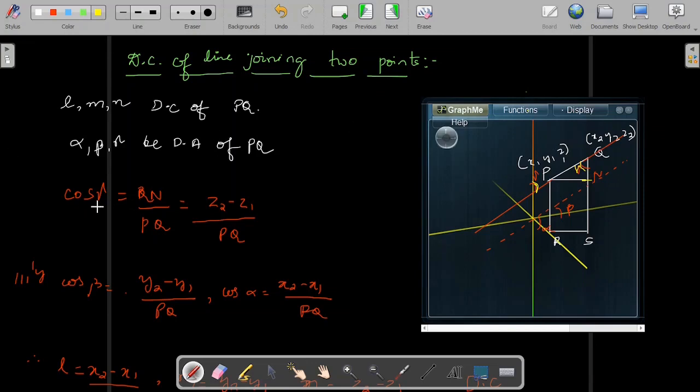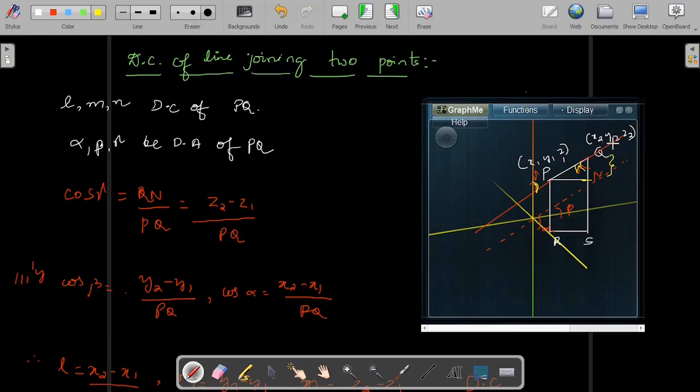So from the triangle, cos gamma equals QN divided by PQ, adjacent by hypotenuse. So you will get z2 minus z1. QN is nothing but the difference of the z coordinates, z2 minus z1, divided by PQ.